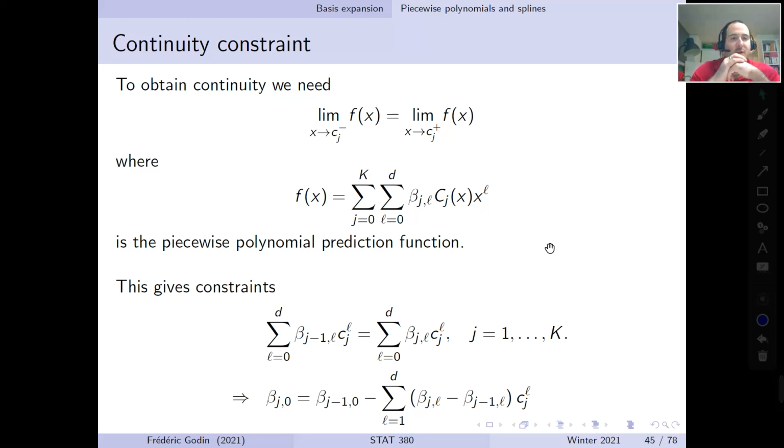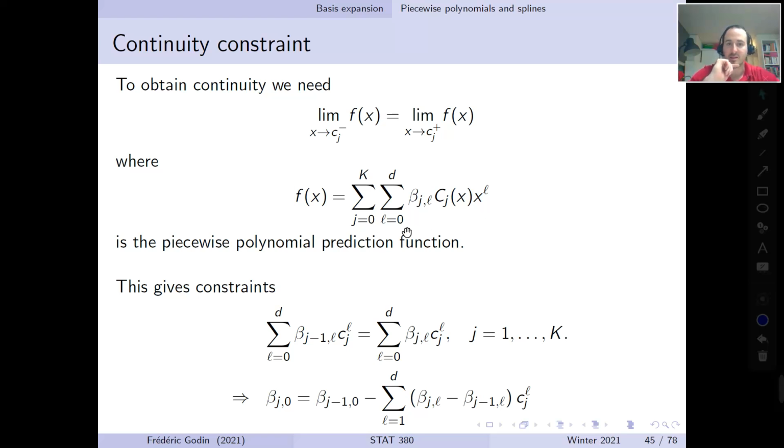So first we'll discuss the continuity constraint. How do we obtain continuity? Well, we must impose that for any knot Cj, so any endpoint of the interval, the limit of the predictive function when x goes to Cj from the left must be equal to the limit of the predictive function when x goes to Cj from the right. Recall that under our piecewise polynomial model, the predictive function has the following form.